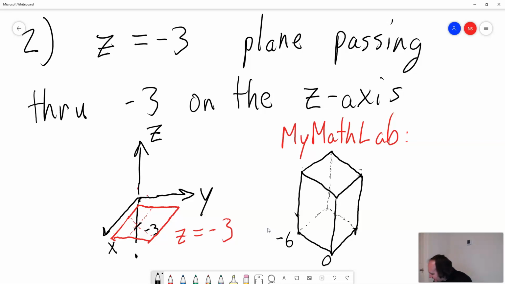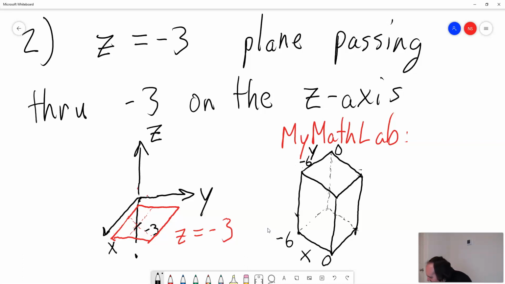And that's for the x, okay? And then for the y, up here on the top left part of the cube, y goes from 0 to -6. I really don't know why they chose these numbers, but I wanted to do it the same way they did so that you'll be good for your homework. Sometimes MyMathLab makes some strange choices about their graphs, okay?